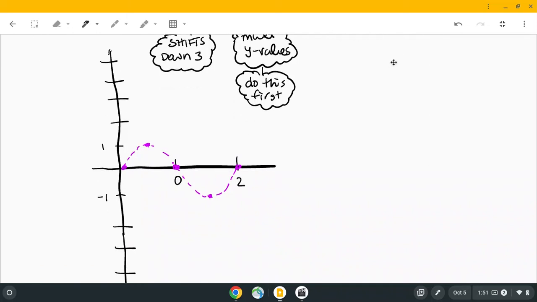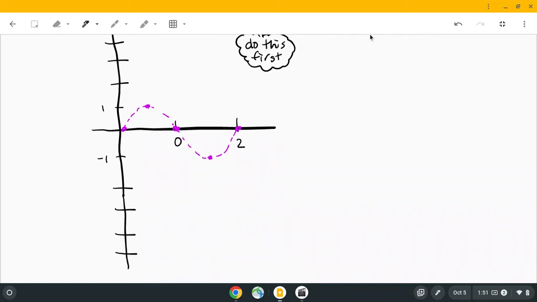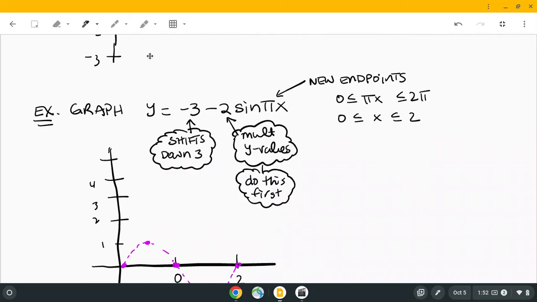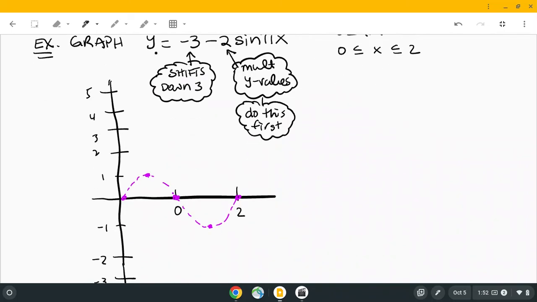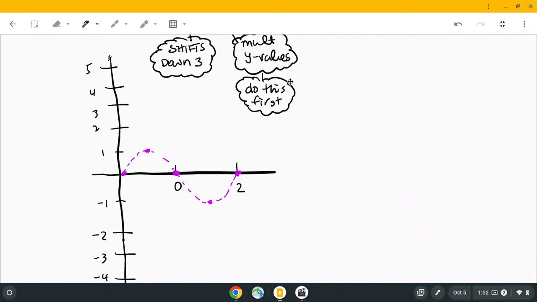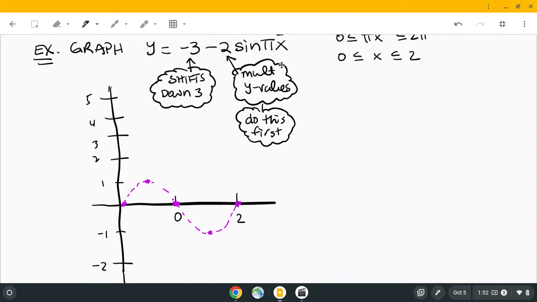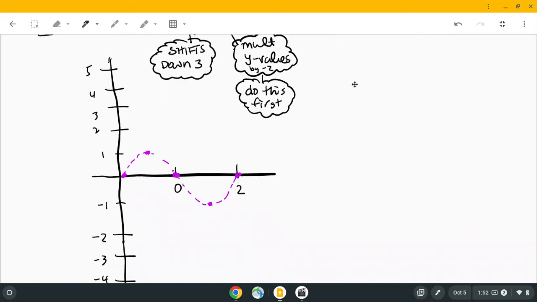Okay, it's kind of messy. All right, -2, -3, -4, -5. Okay. All right, so let's see. Multiply the y values by -2. I should write that in here. Okay. So let's do that, and I'll do that in blue. Every time I do something to it, I'll use a different color.